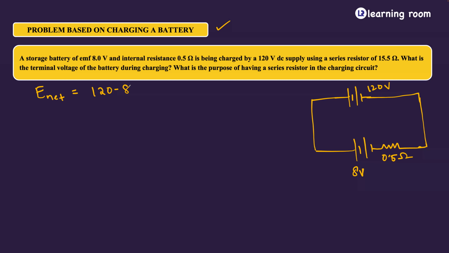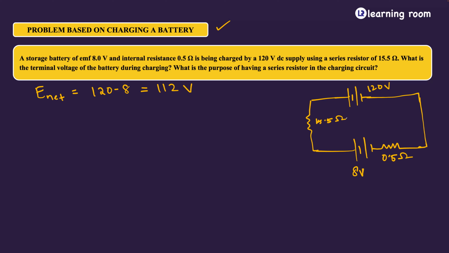Is the point clear? So 120 minus 8 means it is going to act like a 112 volt battery, which is connected across a 0.5 ohm. Right? But listen to this. This 120 volt DC supply using a series resistor is there, no? There is a series resistor of 15.5 ohm that is connected in this problem.